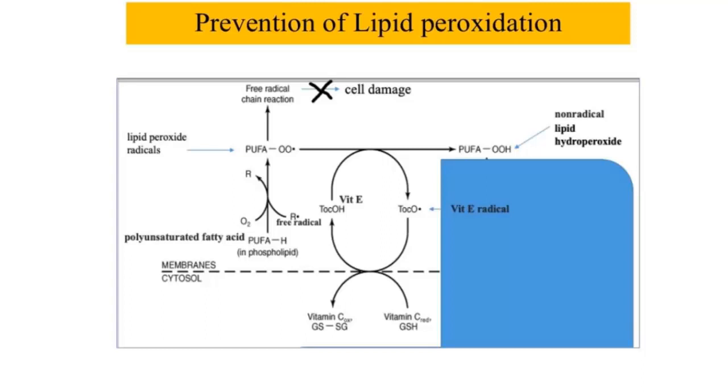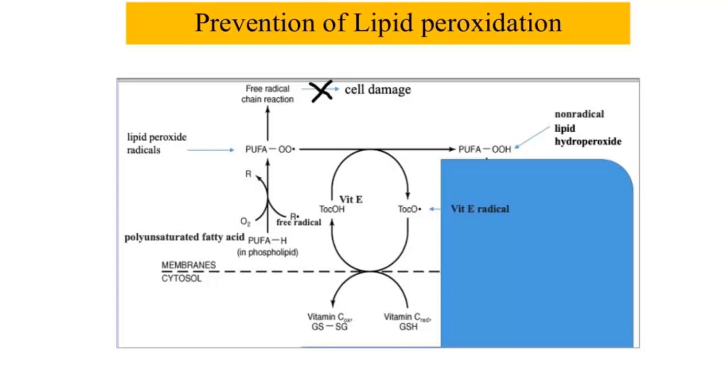in the figure. Now, the vitamin E radical that is formed gets reduced to vitamin E with the help of vitamin C and glutathione. Glutathione is also an important antioxidant of our body.